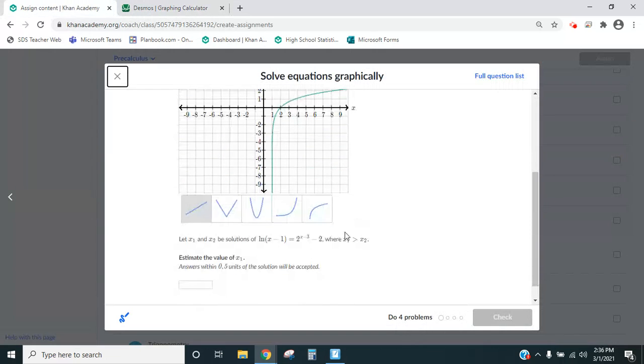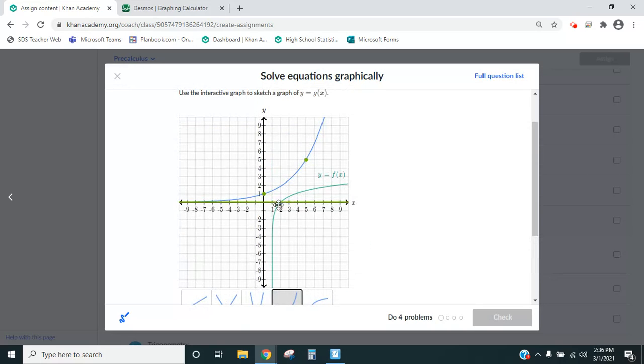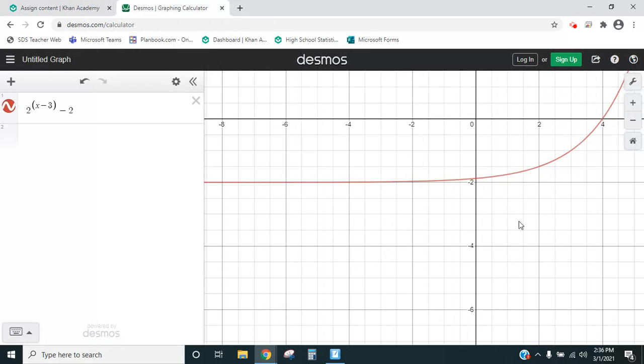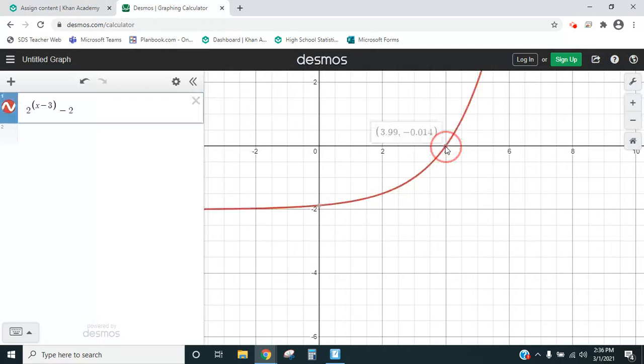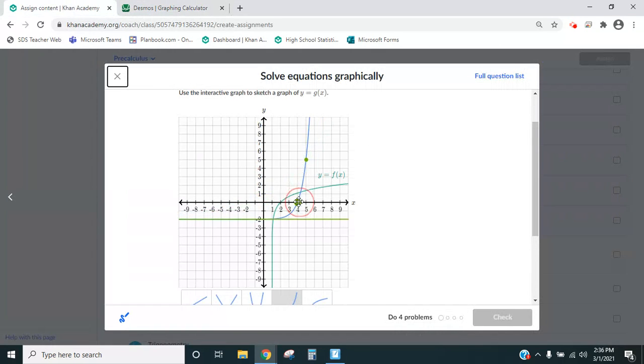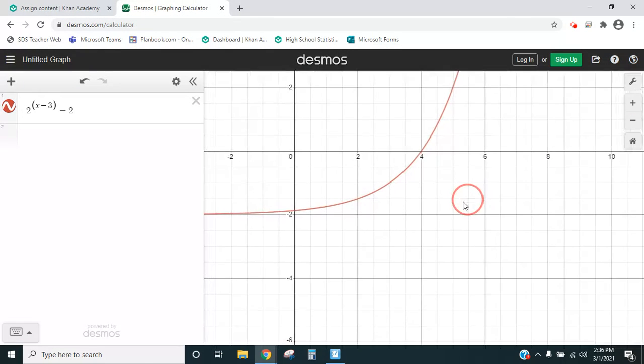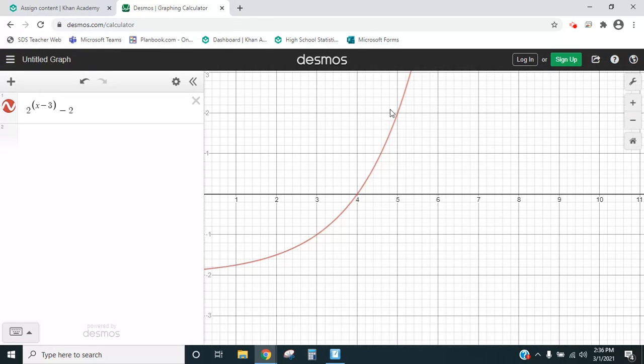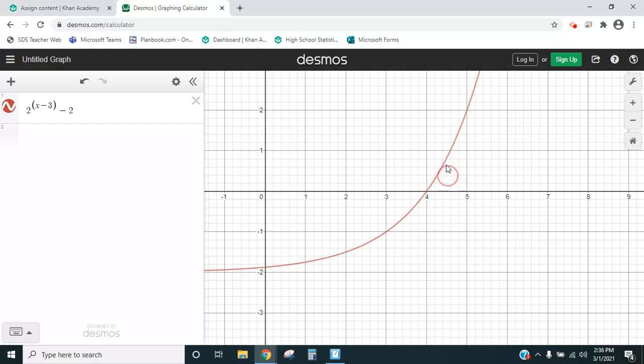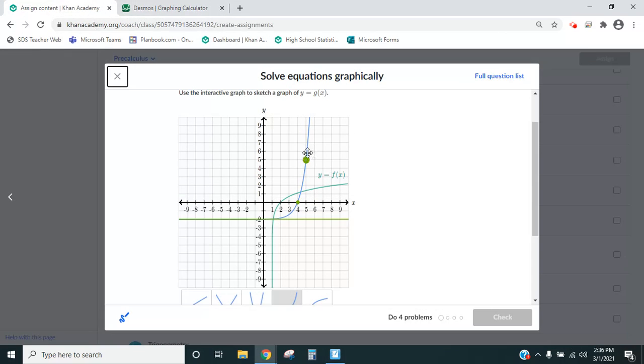So I'm going to select exponential, and I'm going to move this green line, this asymptote, down here. Then I'm going to find 2 spots on the graph. Here's one at 4, 0. And I'll find another one. Let's see if I zoom in right there. It's at 5, 2.